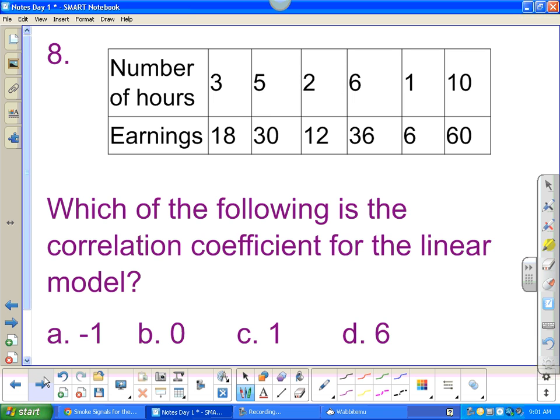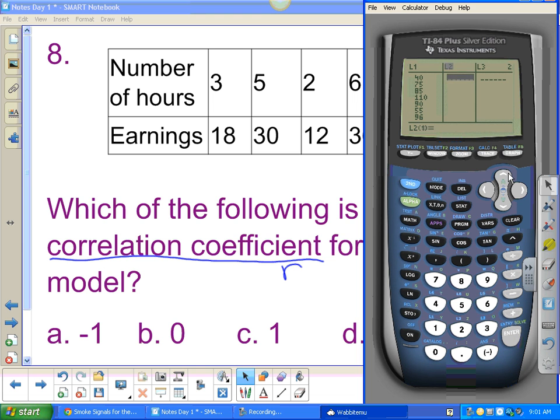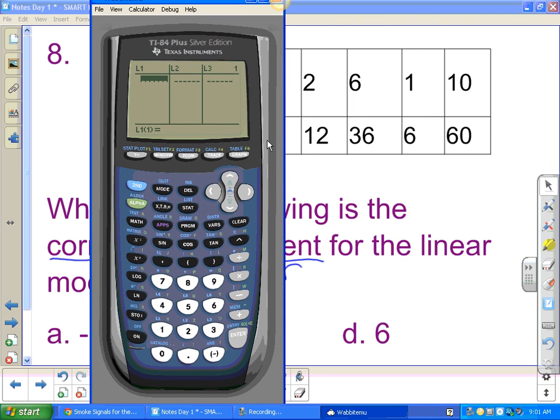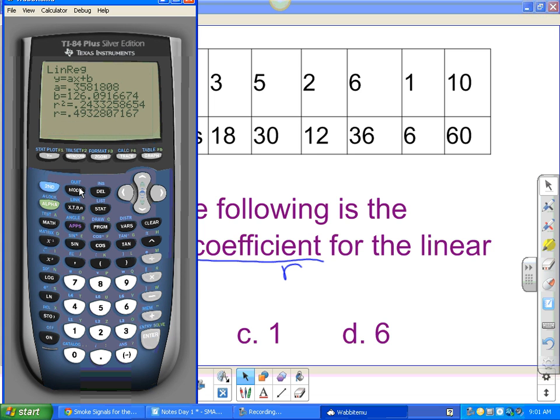Which of the following is the correlation coefficient? That's your R, for the linear model. And again, this is not something we sit here and stare at. We grab our calculator, go to Stat. We want to edit, clear out the data that you had in there before, and type this data in. And quit.